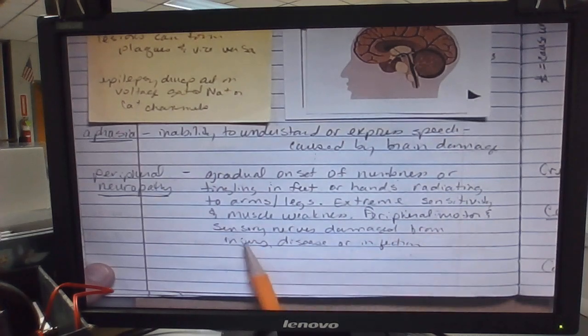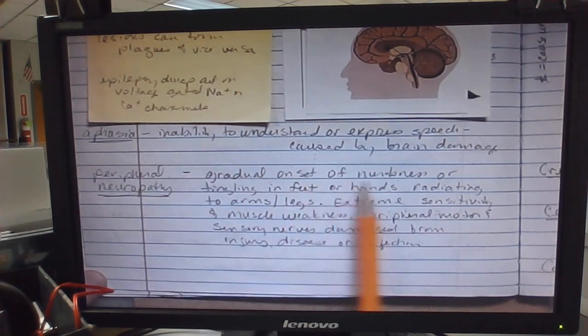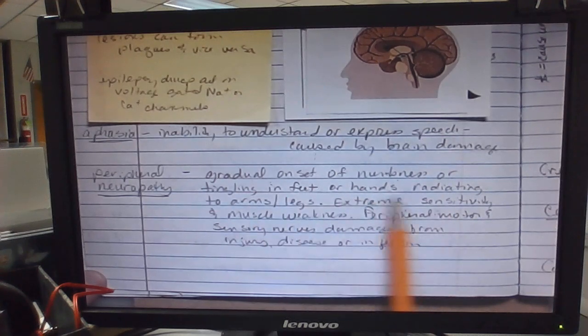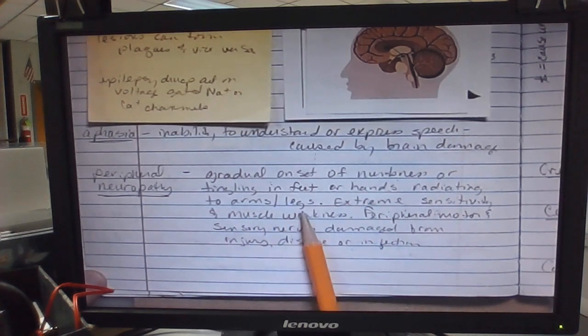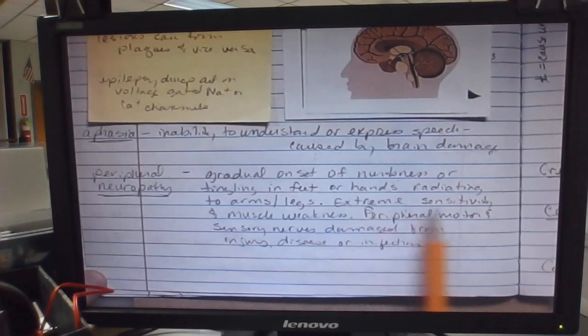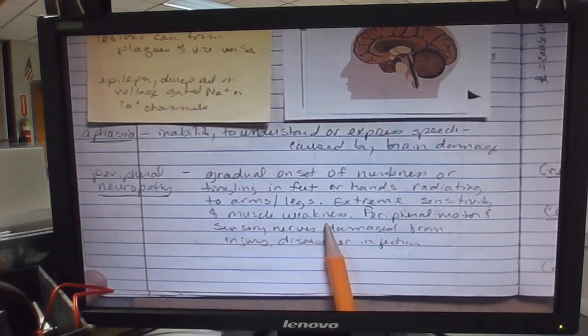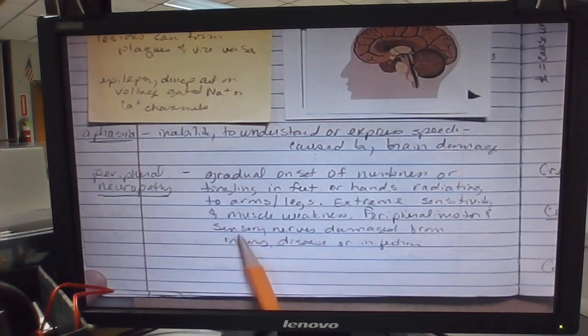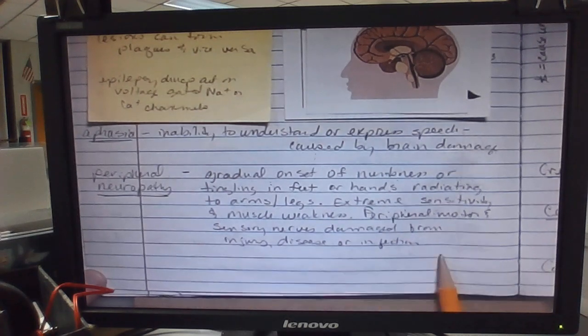Peripheral motor and sensory nerves are damaged from injury, disease, or infection.